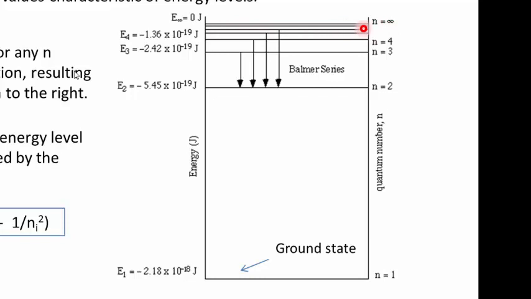Okay, now the convention of the way we have these so-called energy diagrams is that the lower the value, the more stable the energy level. So the most stable energy level for an electron traveling around the nucleus of a hydrogen atom is for n equals 1. This would be what we call the ground state, or the lowest energy level state.